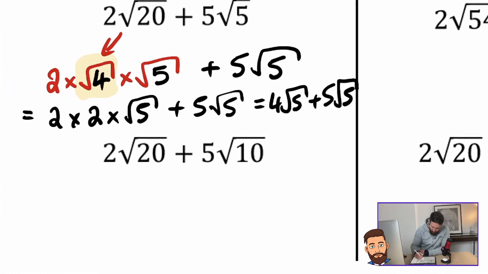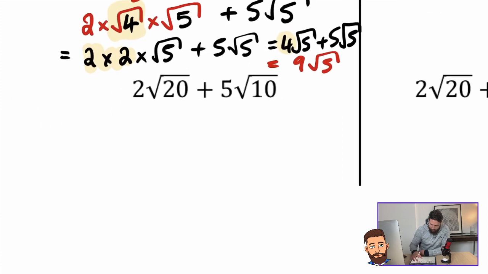So this 4 has come from this being timesed together. Now we can add them. They're the same. Happy days. We can add them together. My final answer will be 4 root 5 add 5 root 5 is 9 root 5. Okay, so the answer to that is 9 root 5. Sorry for cramming it in there.